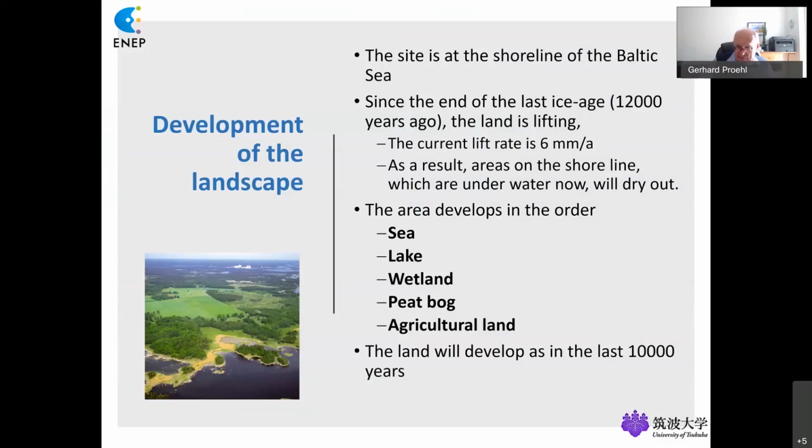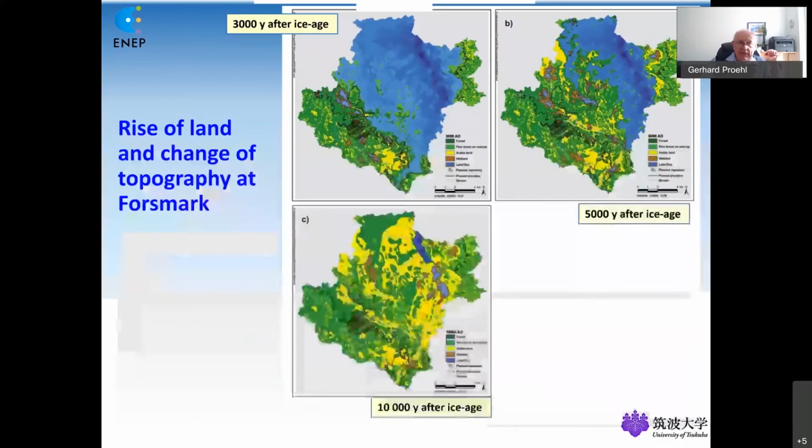The reason for this lift rate is that 12,000 years ago, there was a glaciation. Scandinavia was covered by a thick ice sheet, and the ice melted away. That's why the land is rising, because these huge ice masses are gone. Here you see the development of this landscape.